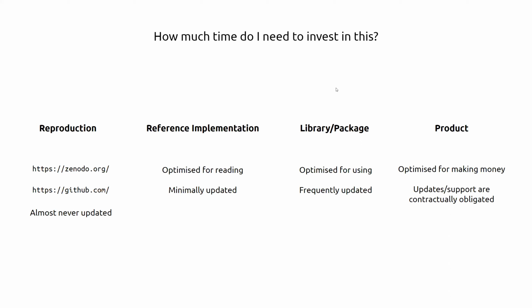So what I would consider to be the minimum acceptable level, if you're publishing a computational paper, is that at the very least, for the purposes of reproduction, you put all your code in just a zip or something like that in Zenodo.